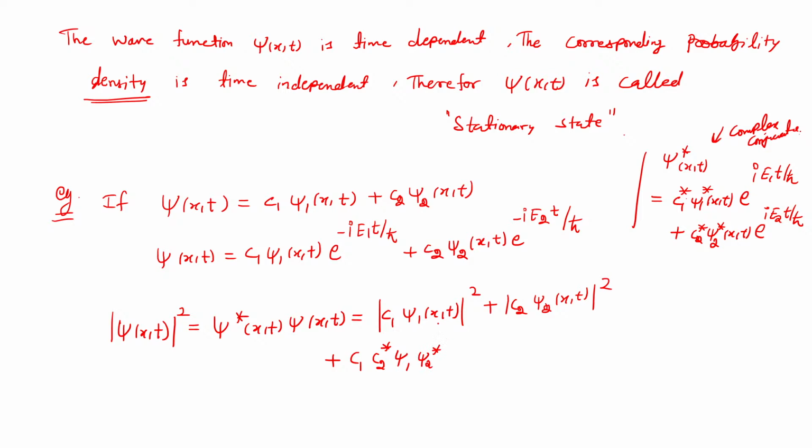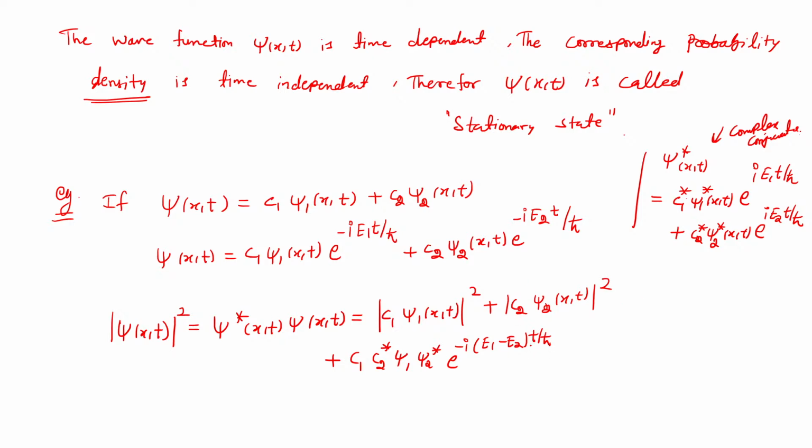But here a very important thing: the energies E1 and E2 are both different. So in that case, here you get exponential of minus iota (E1 minus E2) t upon h cut. So this is not becoming 0 or something.